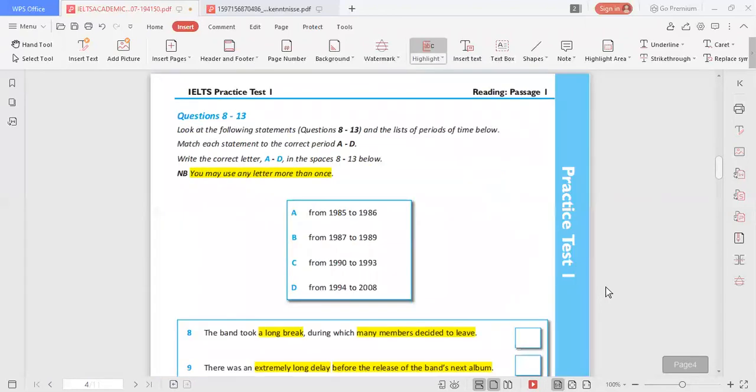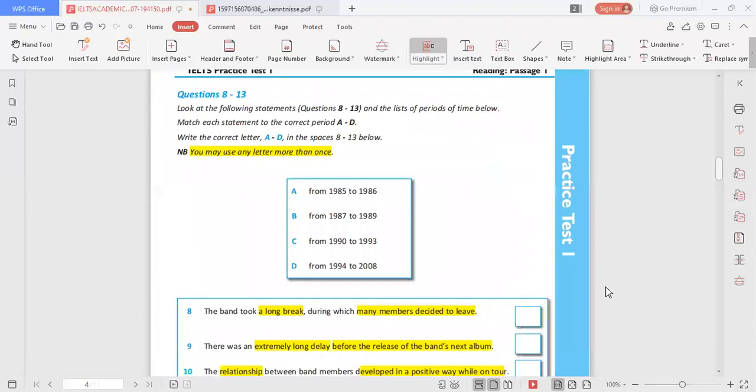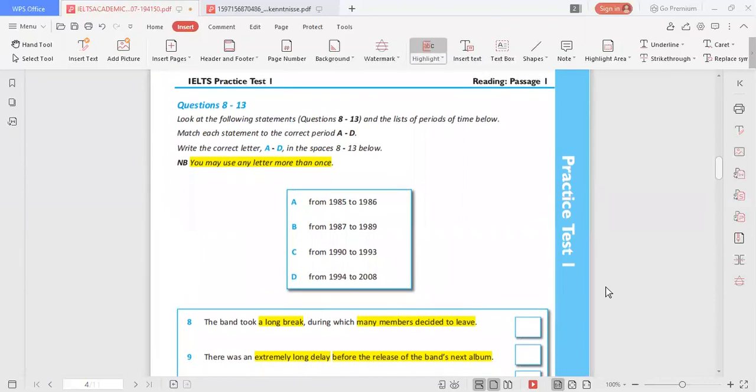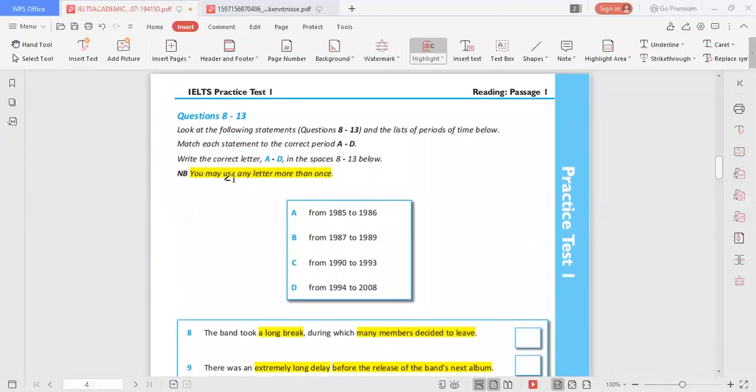We move on to the next type of questions that you can get. It's also a matching features exercise. And remember to use a letter. You're allowed to use a letter more than once. Pay attention to every time you see this NB, this nota bene.